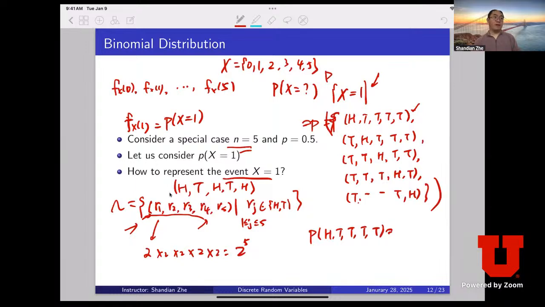Yeah, that's good, but let's consider the general case where you've got the parameter P, right? Let's consider the definition of binomial distribution, meaning that you independently flip the coin 5 times. Then when you observe this sequence, what's the probability of this sequence?